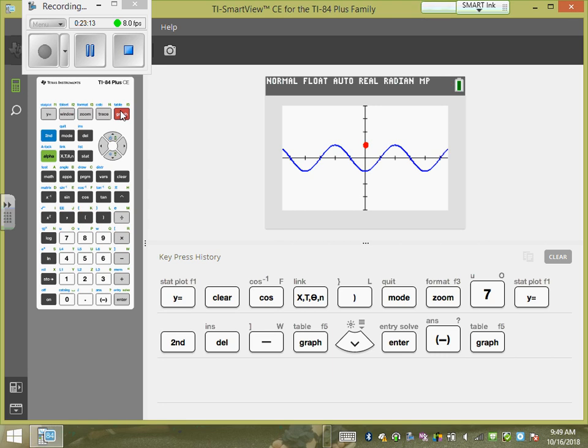Now instead of my y-intercept being the maximum, what's my y-intercept? The minimum. So on a basic negative cos x graph, I have my minimum on the y-intercept. If my minimum is not on the y-axis, there's a phase shift.